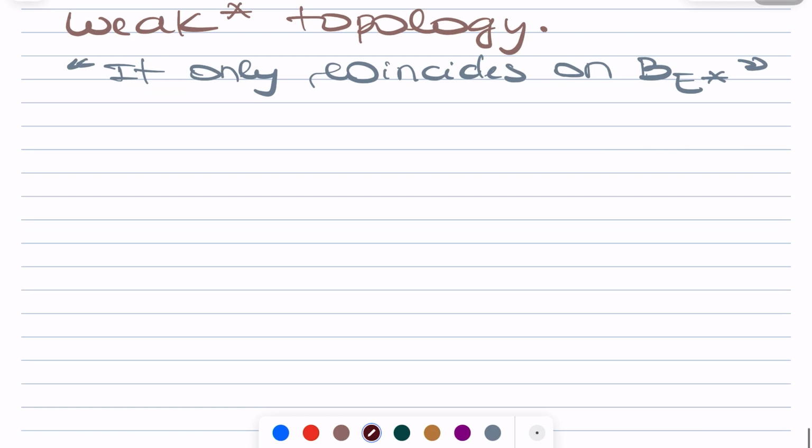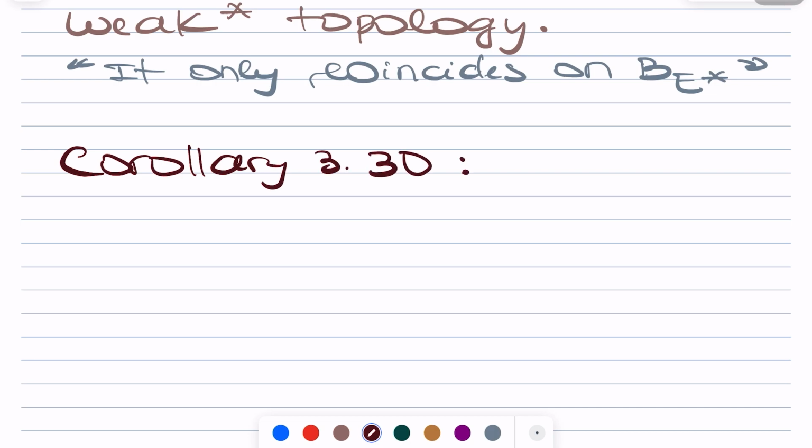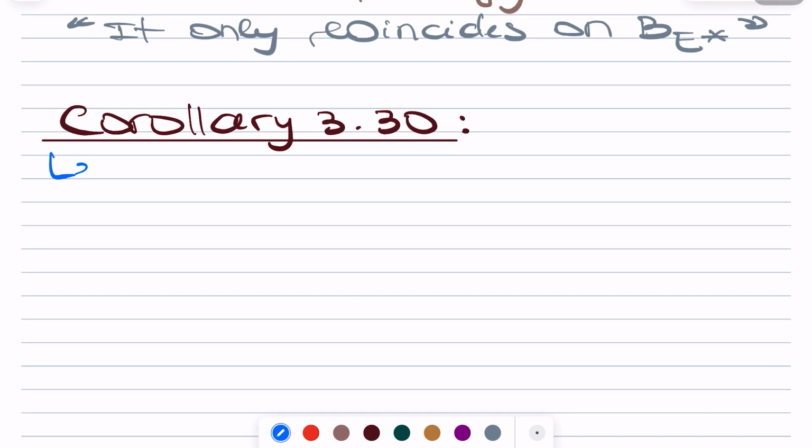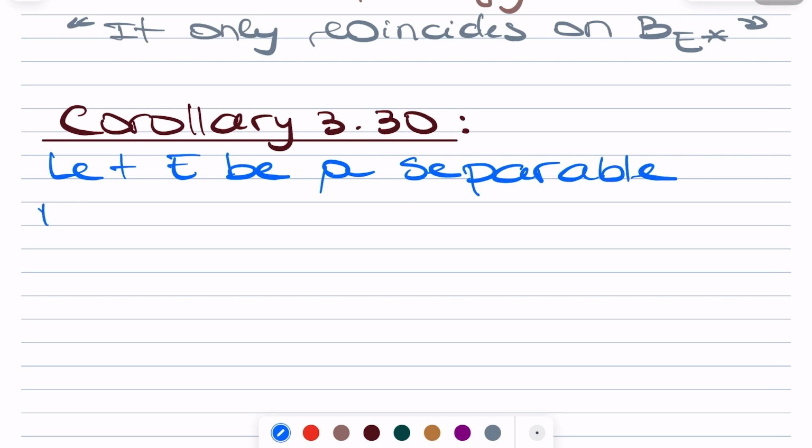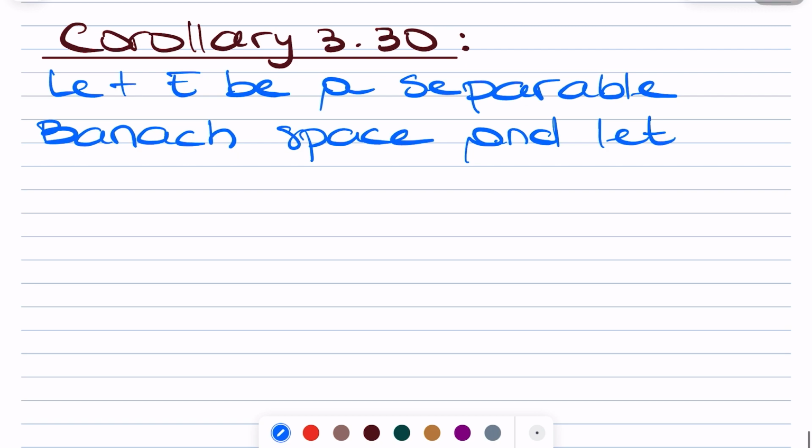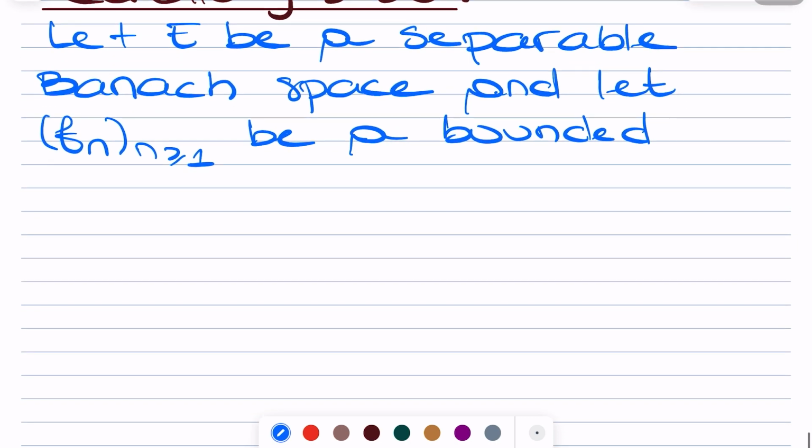So, corollary. This is corollary 3.13. Good. So let E be a separable Banach space, and let Fn be a bounded sequence in E star.